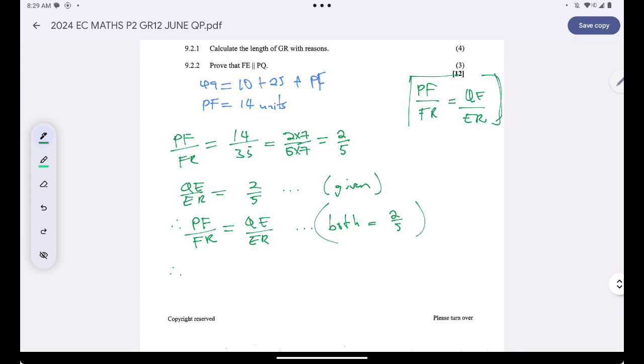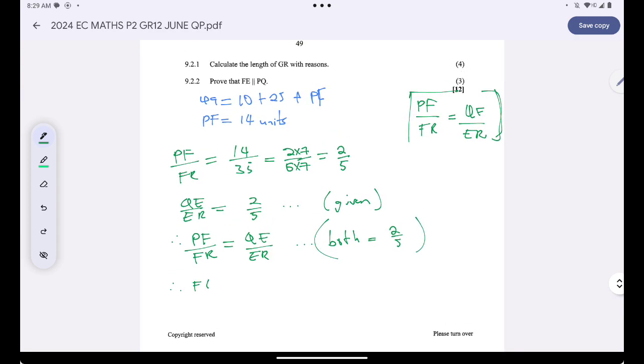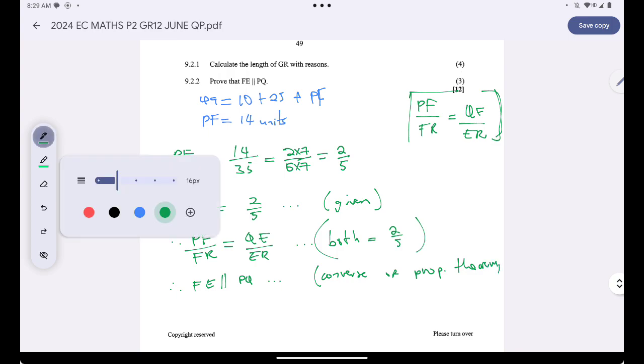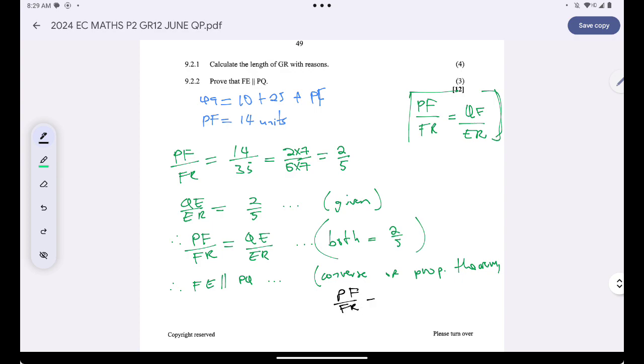So I can therefore conclude that line FE is parallel to PQ. Why? Because of the converse of the proportionality theorem. And the converse is true because PF over FR is equal to QE over ER.